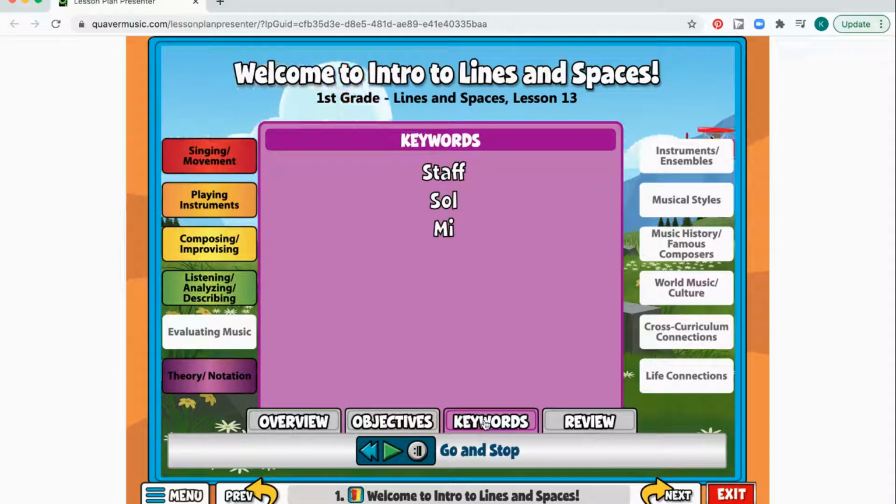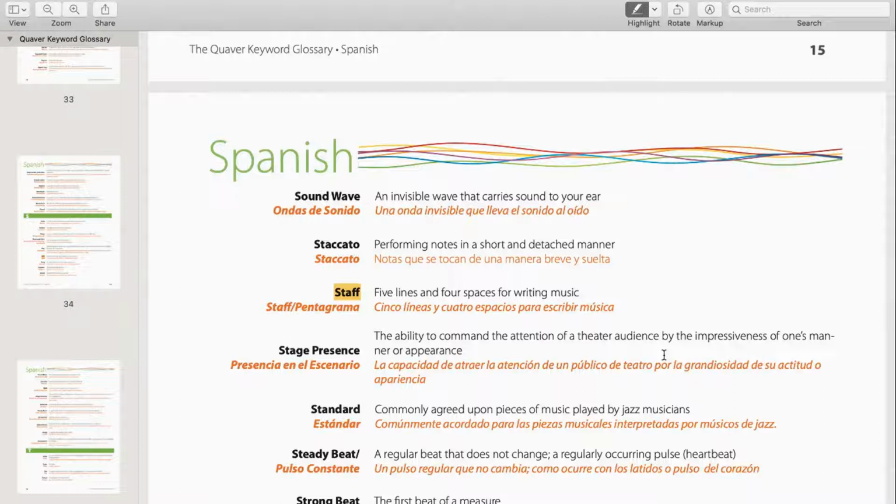The keywords today are staff, sol, and mi. Because we've already talked about sol and mi, we are just going to review the word staff today. So let's go ahead and check out the definition of staff. Here we have the definition of staff.